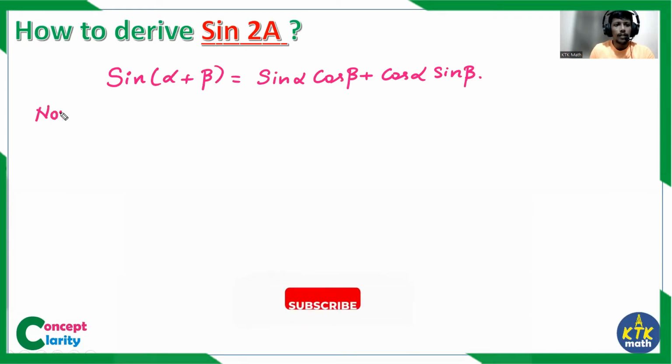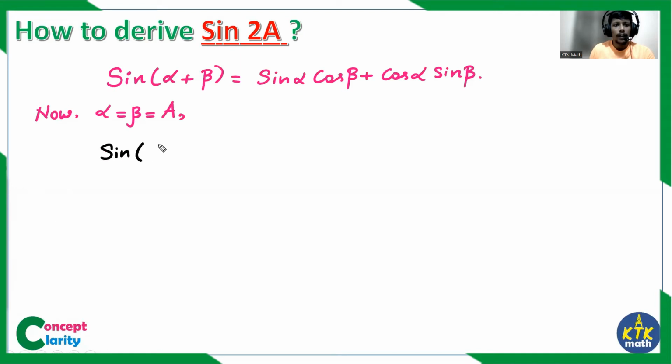Now, in this case, if both alpha and beta are equal to A, then what will happen in this formula?